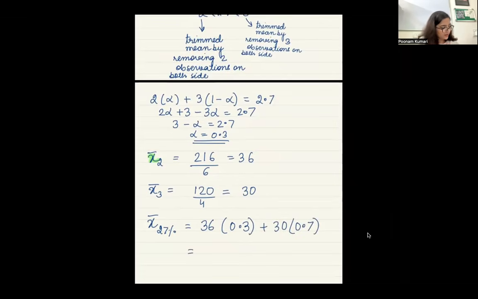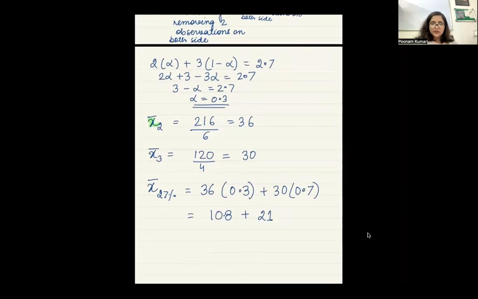What is 36 times 3? 108. Yes. And then you put a decimal here, plus 30 times 0.7, which is 21. If you add them, what do you get? 31.8. So your 27% trimmed mean is actually 31.8, right?